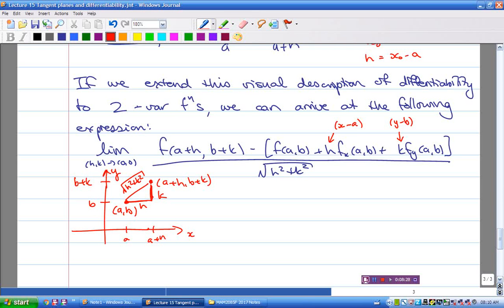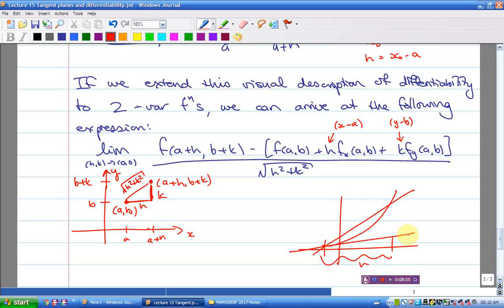And again, this is all about differentiability. Think back to probably your very first lesson in calculus. It would have had a picture like this, with a secant, and you would have said, okay, this distance here is h. What happens to the slope of the secant as h gets smaller and smaller, and you'll end up with the slope of a tangent.